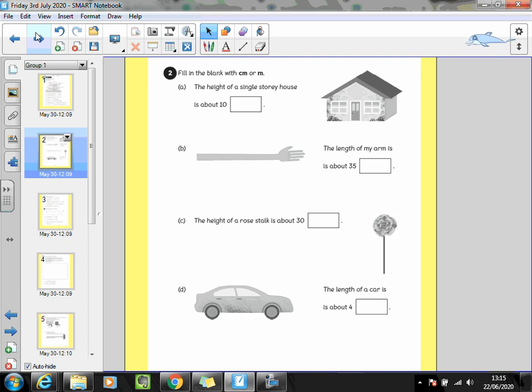B, the length of my arm is about 35 what? C, the height of a rose stalk is about 30 what? And D, the length of a car is about 4 what? So is that centimetres or metres?